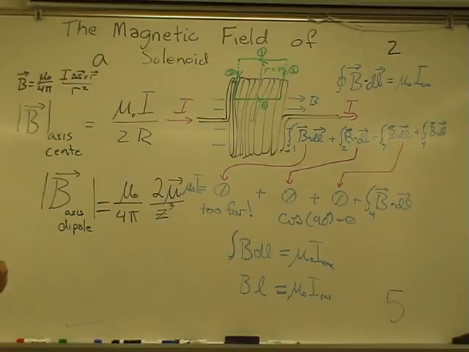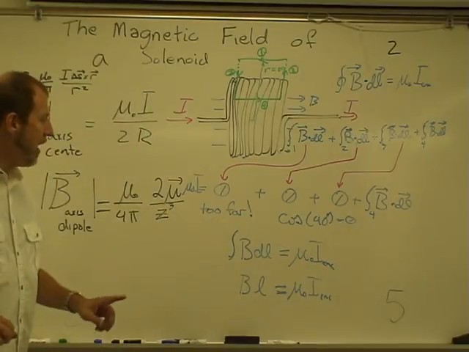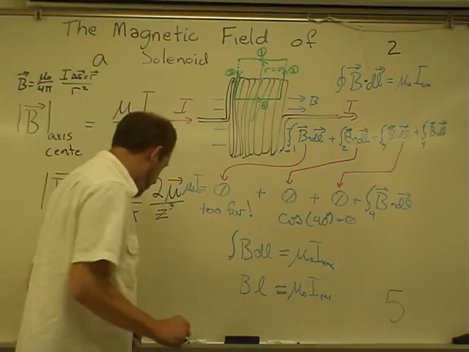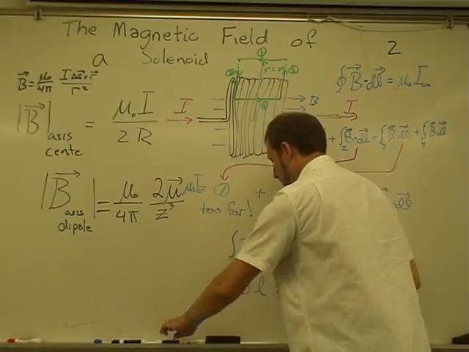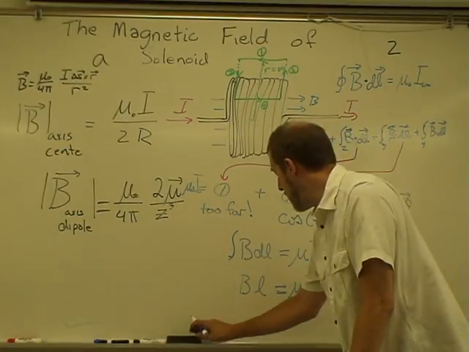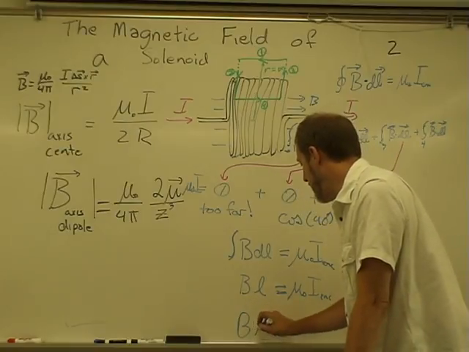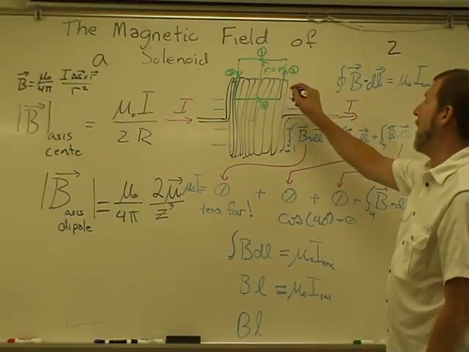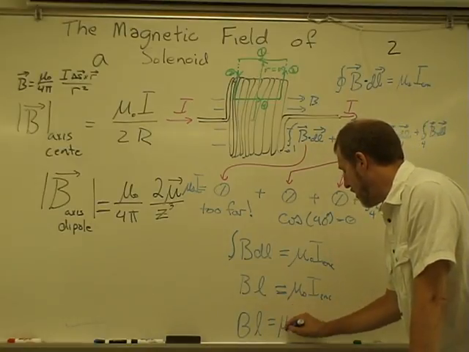However, I can rewrite the enclosed current like so. The magnetic field times the length of that arbitrary path is equal to mu naught times the enclosed current.